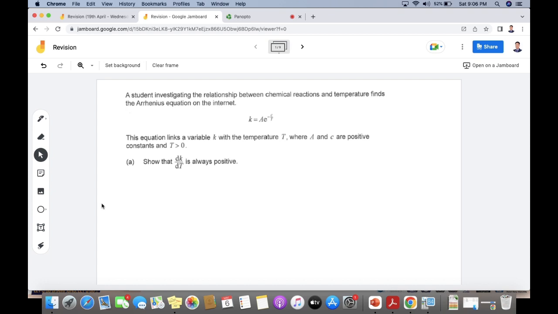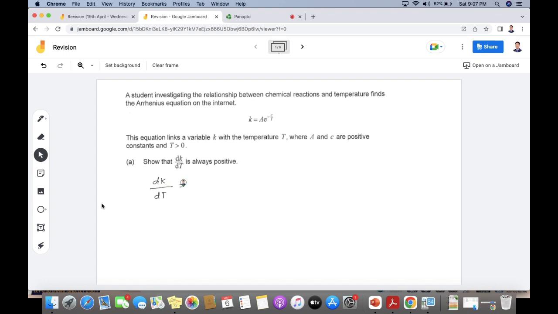So for the first task here, you are actually asked to show that the derivative of k with respect to t is always positive. So here we have to solve for the derivative. So we say dk all over dt is equal to.